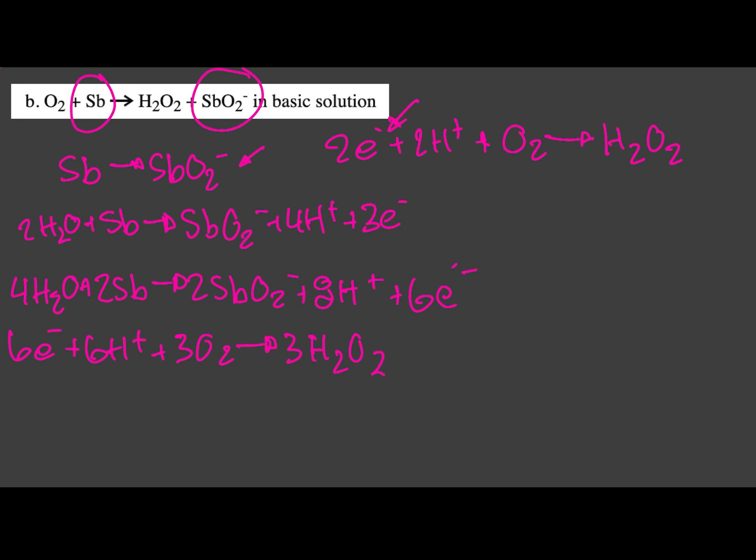Okay, now that we've done that, we can start to add these two equations together. We can cancel out these electrons right here, since they are on both sides.